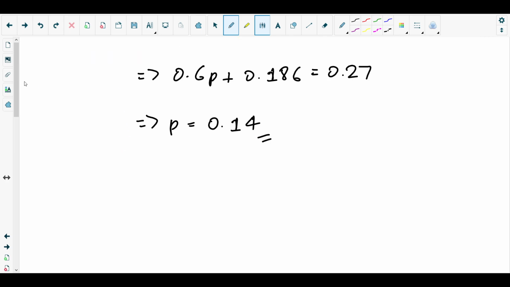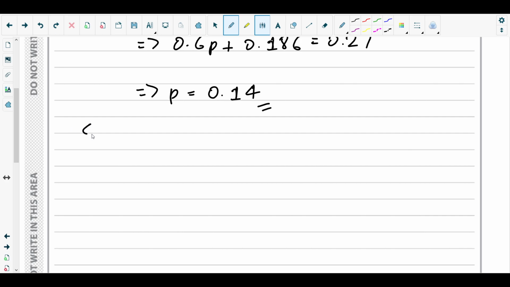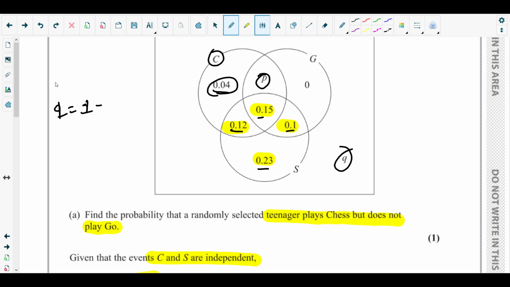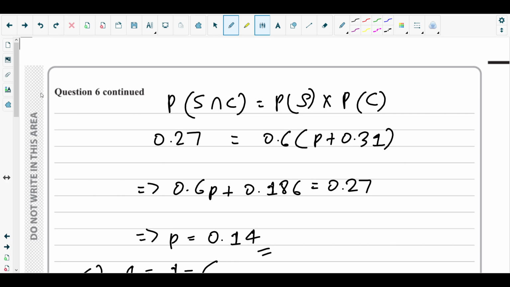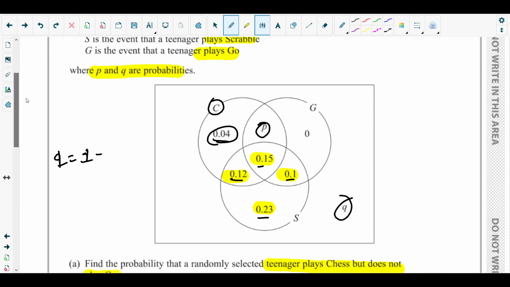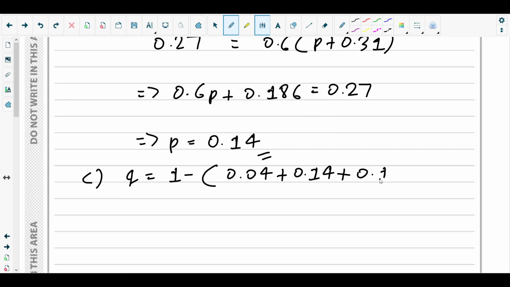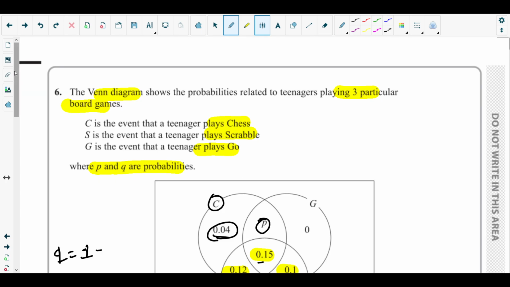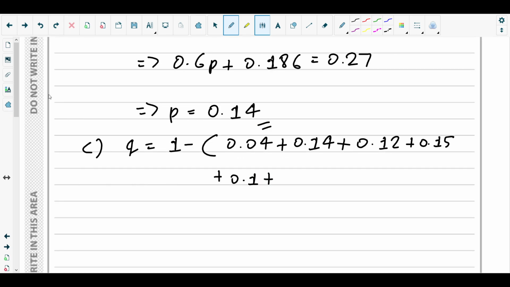Okay, let's move on then. We need the value for Q. The value for Q is 1 minus the sum of all of the probabilities. Let me show the workings: 0.04 plus 0.14 plus 0.12, 0.15, 0.1 and 0.23.